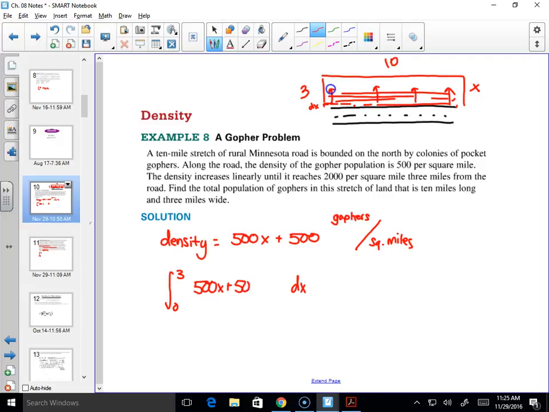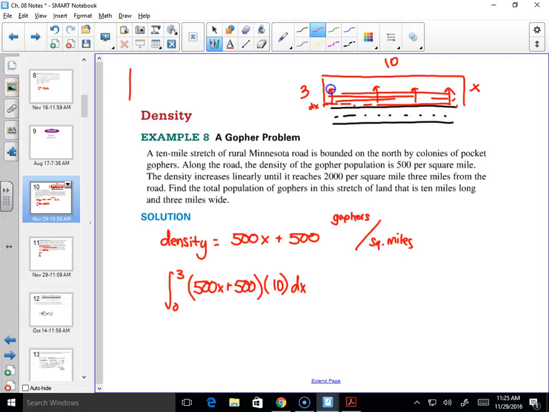I'm so confused as to how you got 500x. You guys did it so fast. Because you start at 500, that's the initial density at 0. And then as you extend through 3 miles, it needs to linearly increase from 500 to 2,000.